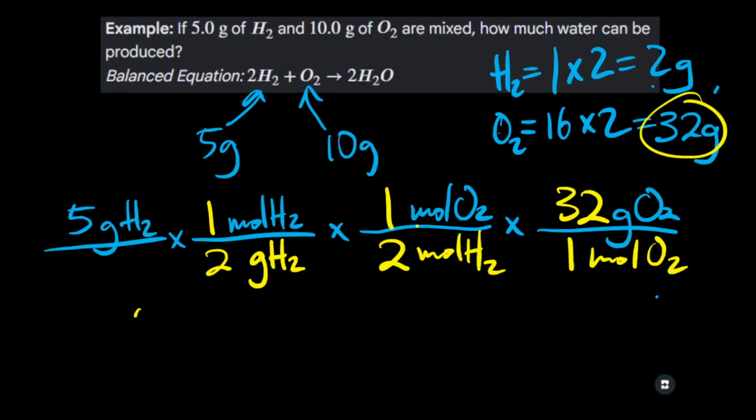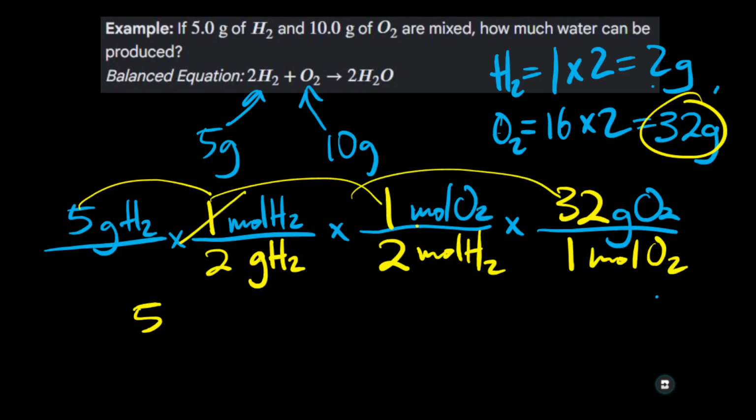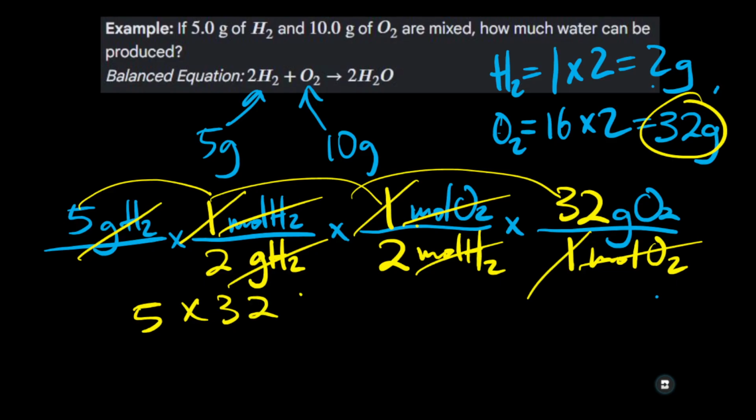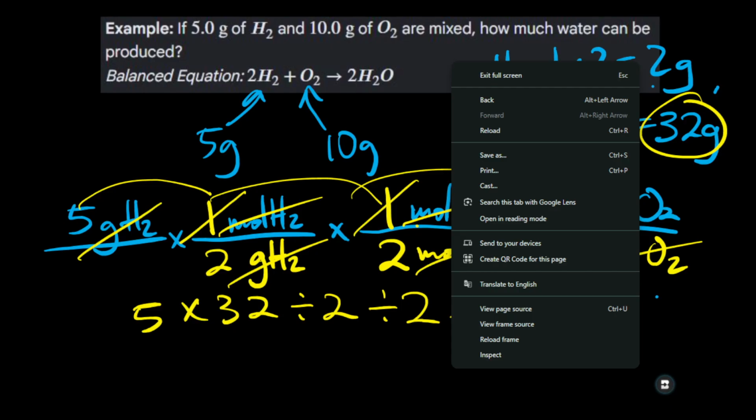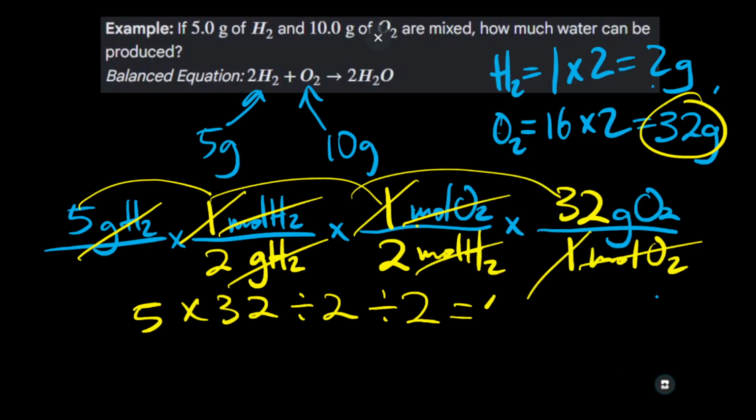Let's do the calculation. We have 5 times 1 times 1 times 32. Anything times 1 or divided by 1 is the same, so cancel them out. Grams divided by that, mole. So we have 5 times 32 divided by 2 divided by 2 equals 40 grams of O2.